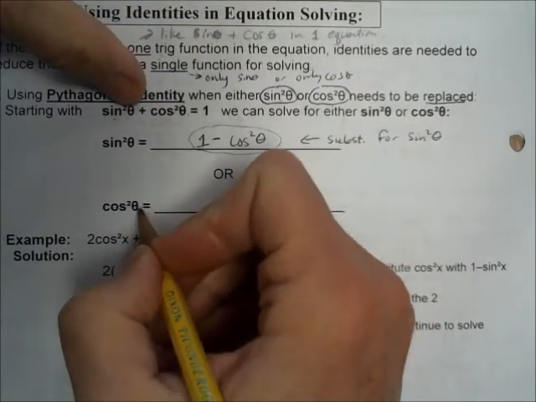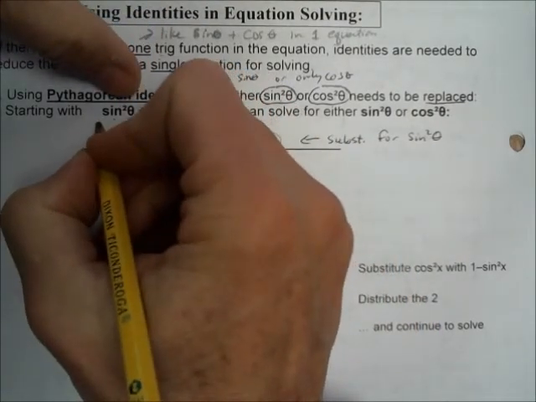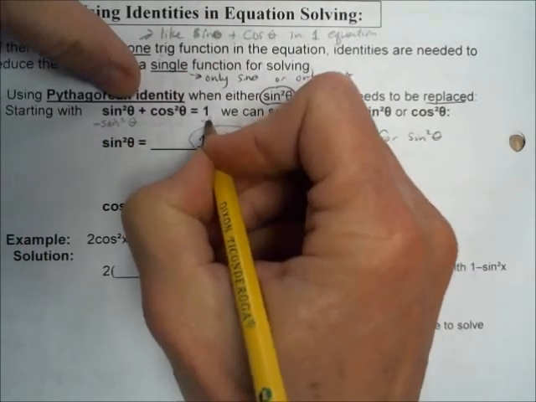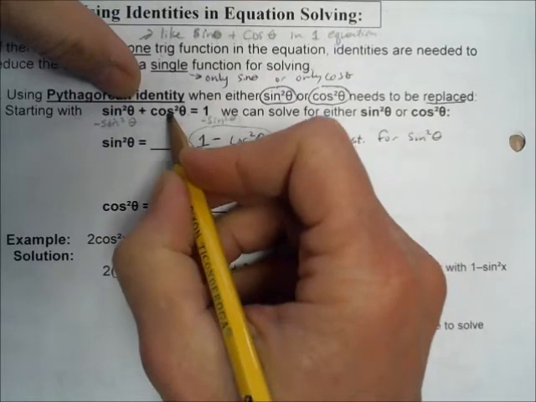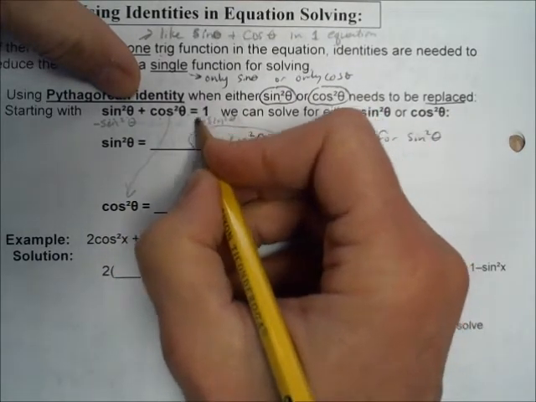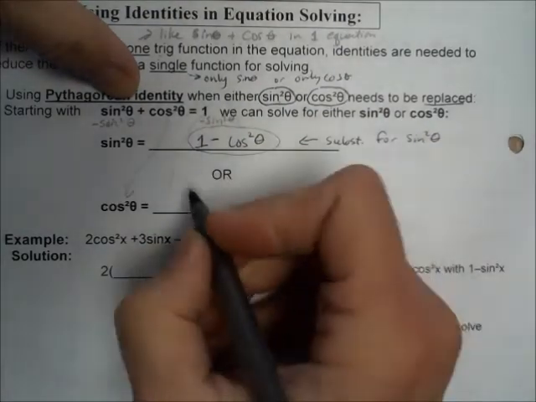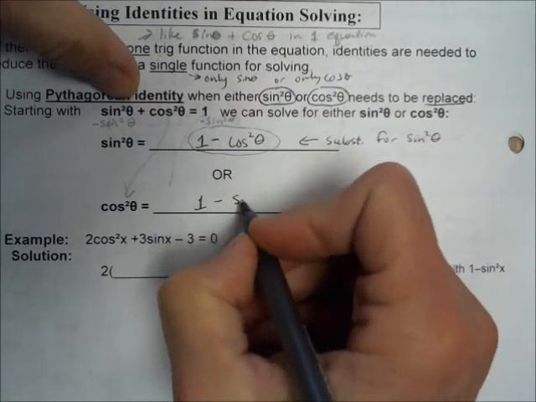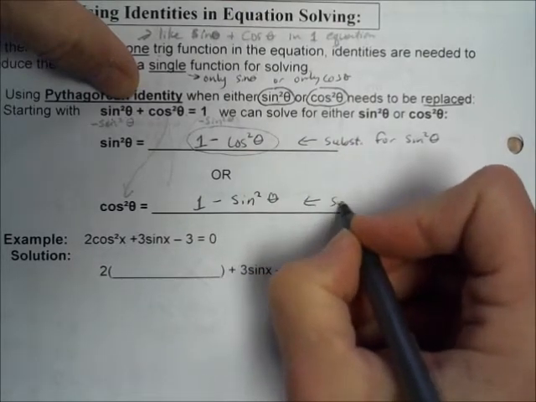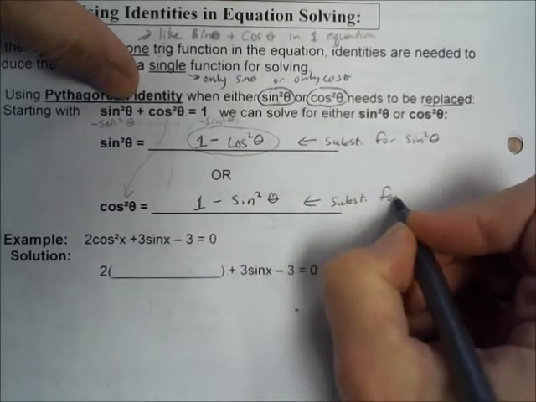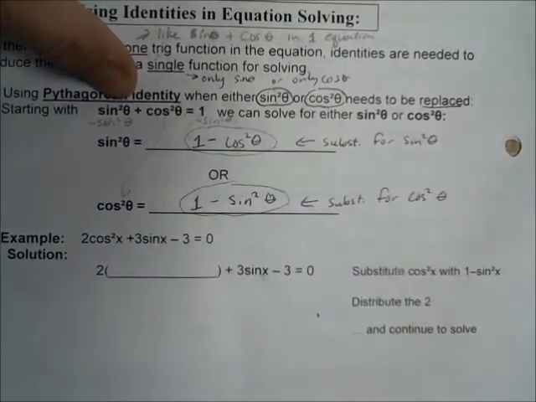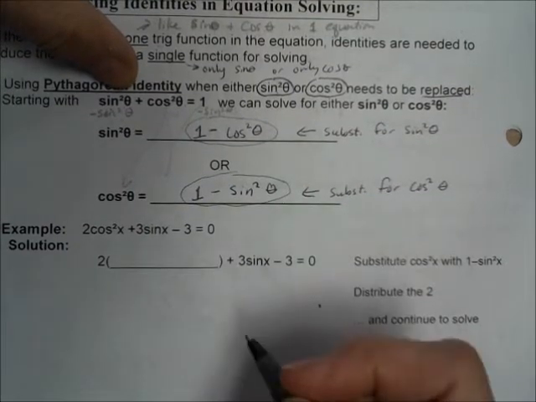If we wanted to substitute in for cosine squared, we could subtract out sine squared from each side of the equation, and we would be left with cosine squared of theta equal to 1 minus sine squared of theta. So we could use this to substitute for a cosine squared theta if we need to. And we're going to be doing some examples of that, so you'll see what I mean.